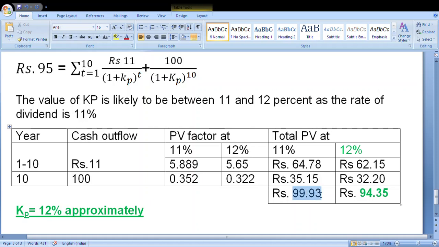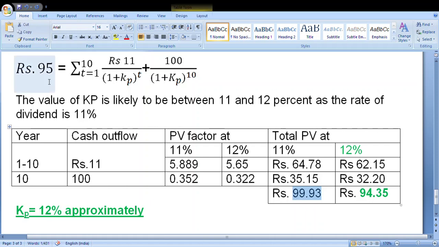If we consider the 11% rate to equate this equation, we have to find this KP value. The rate which will equate both sides of the equation is the rate we are looking for. Even if we consider 11%, the total is going to be 99.93.